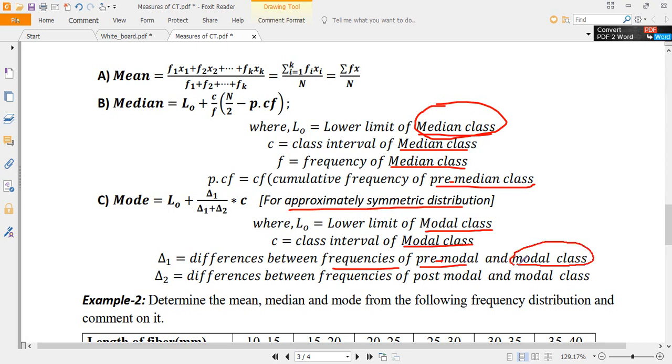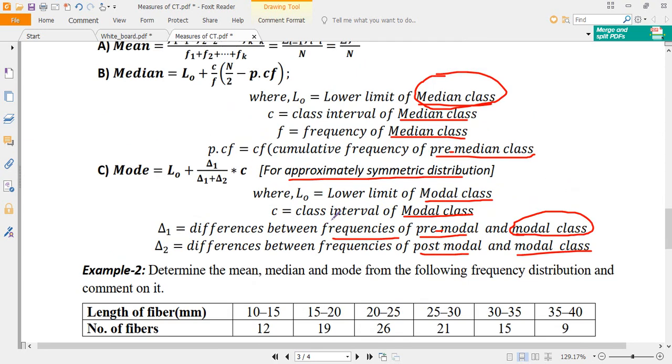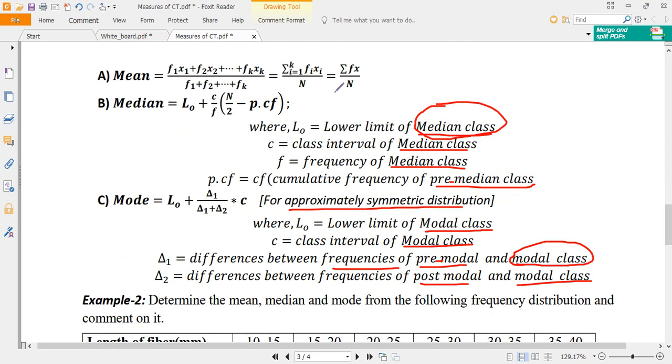That is, we subtract the frequency of the pre-modal class from the frequency of the modal class. Delta 2 is the difference of frequencies between the modal class and the post-modal class. So to calculate the median and mode, we have to find the median class and modal class first. So this is the formula.